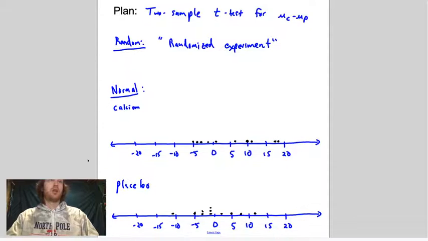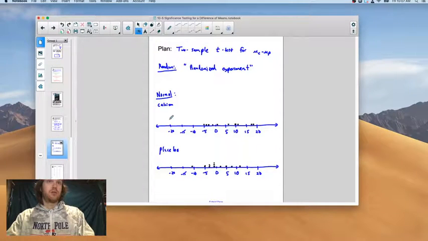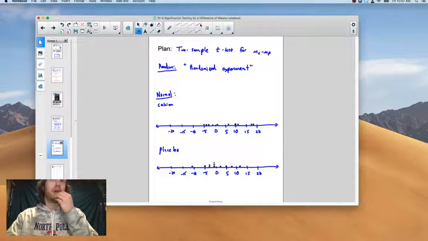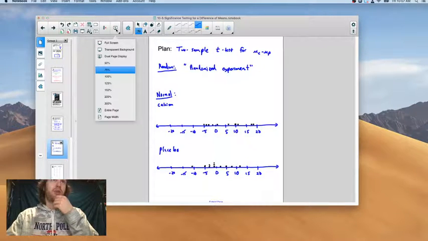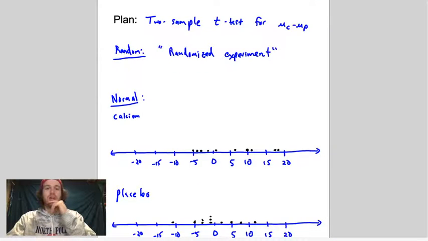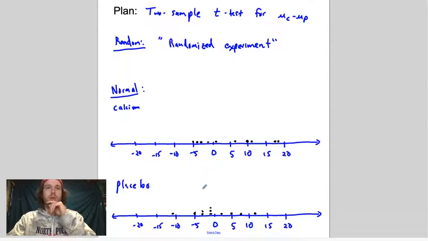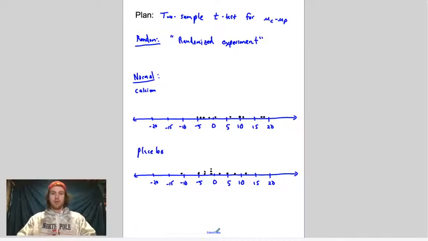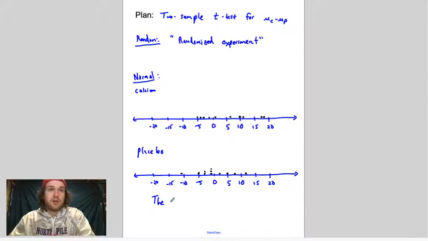Well, first we have to argue that it's safe to proceed with the test. So what do you guys think here? What's your gut tell you? Is it plausible for these two to have come from normal populations? Okay. I think it is. So the dot plots show no strong skewness or outliers.